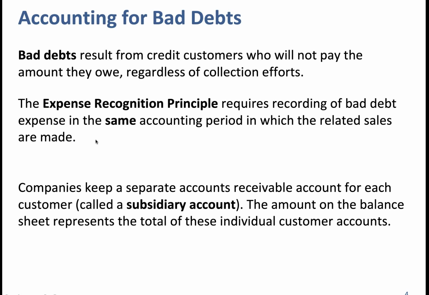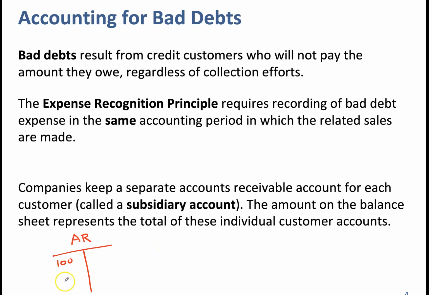Companies do keep track of all these different accounts receivable and who owes what in what we call a subsidiary account. A subsidiary account looks like this. In a T account perspective, it's accounts receivable. For example, I sold a book to a customer and it's accounts receivable, say $100, that I'm going to receive in the future.